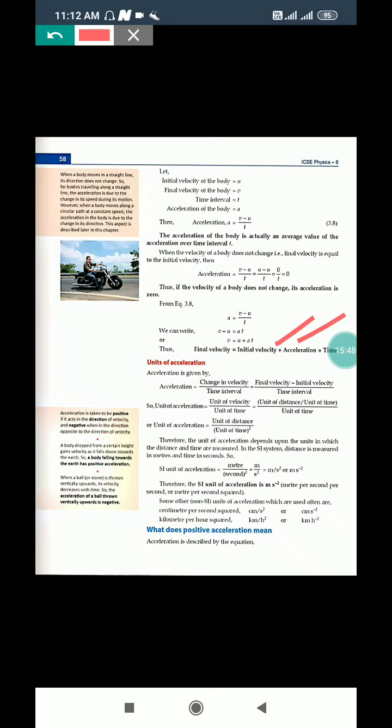This is the relationship. If v is greater than u, then a is positive, thus a is the acceleration. But if v is less than u, then a is negative and a is the retardation. So negative acceleration is known as retardation.